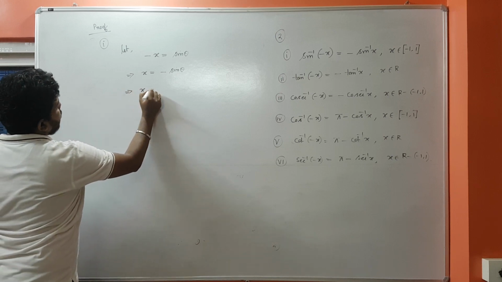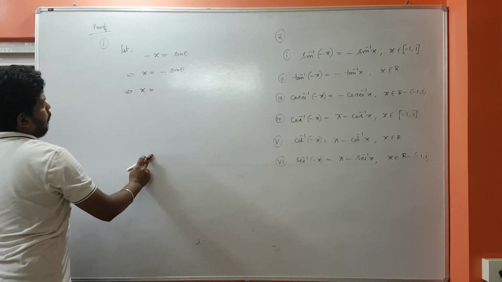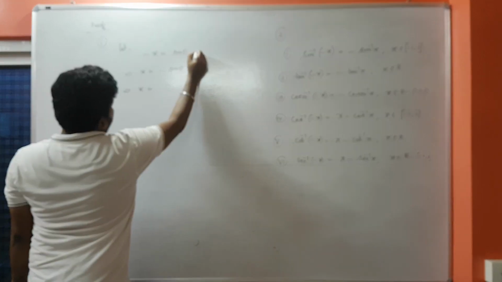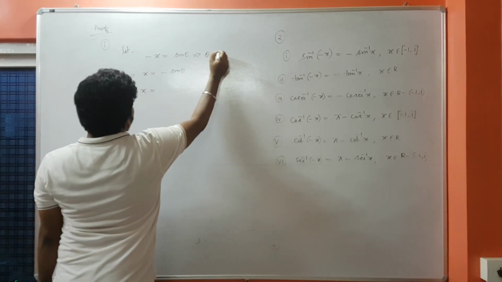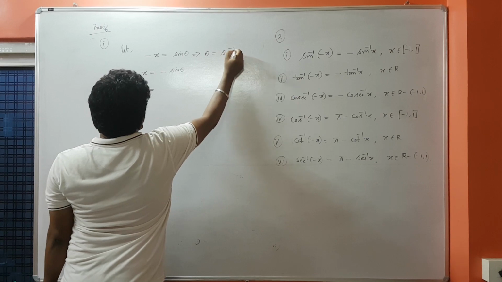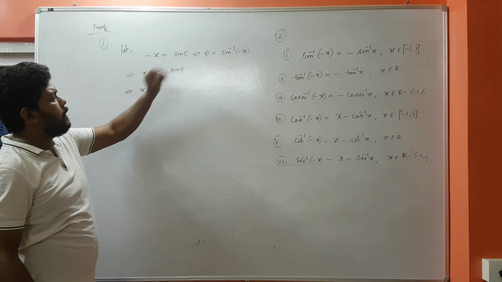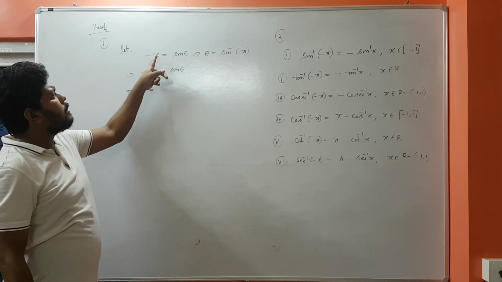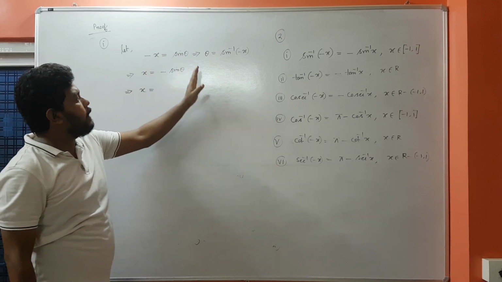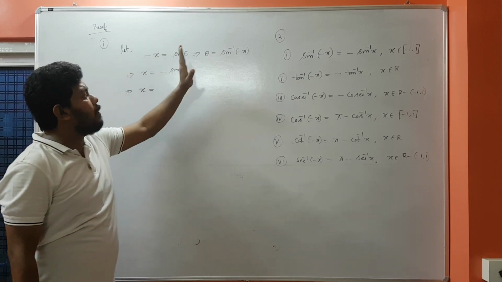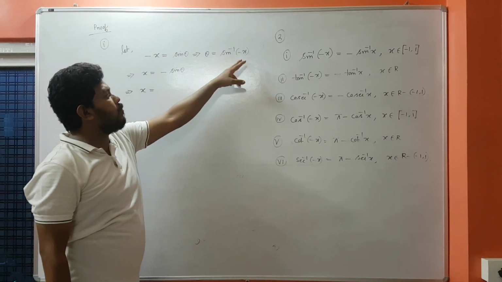It means that theta is equal to sin inverse of minus x. From this I can say, if minus x is equal to sin theta, if I take sin inverse on this side, I will get theta is equal to sin inverse of minus x.